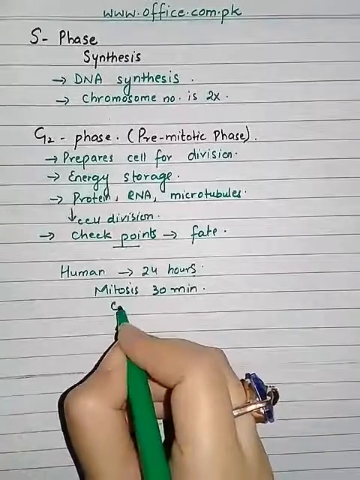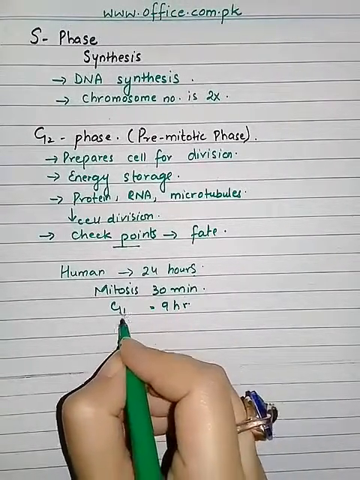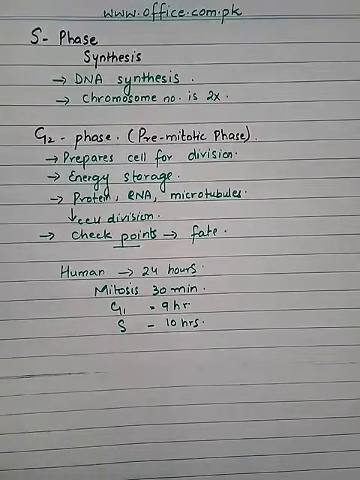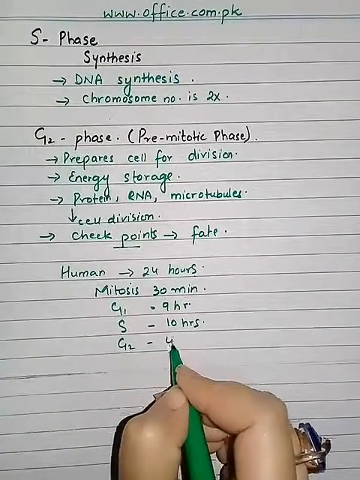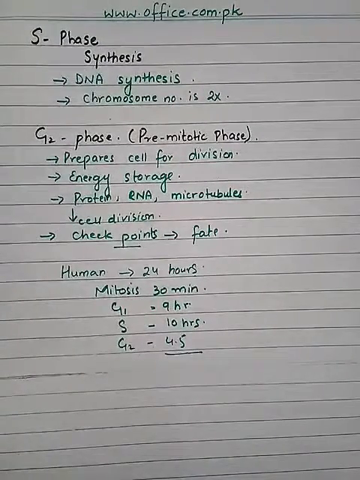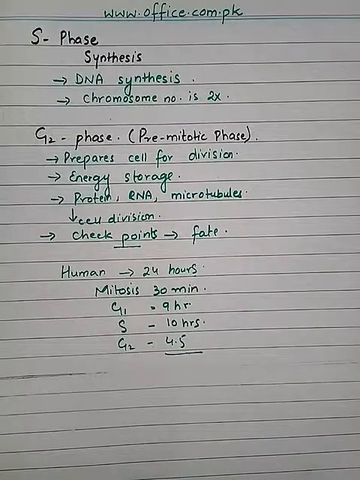The G1 phase takes 9 hours. The S phase takes almost 10 hours. The G2 phase takes 4.5 hours. So in this way, the whole 24 hours are completed. The whole cell division is completed in 24 hours.